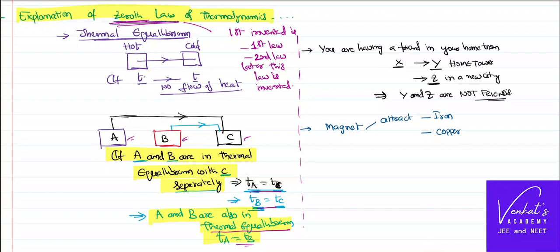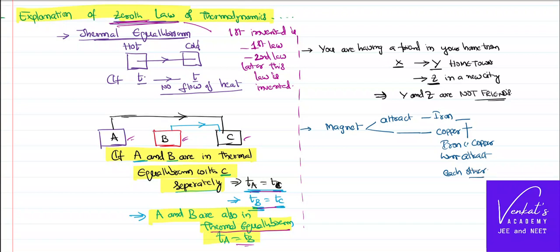Magnet is attracting iron, magnet is attracting copper. That doesn't mean iron and copper attract each other. Iron and copper won't attract each other. They are not at all related to each other.